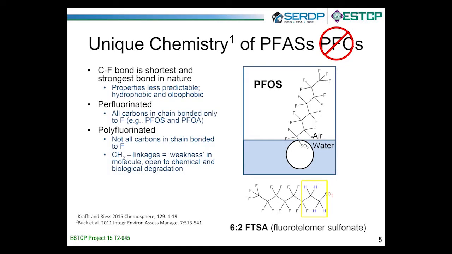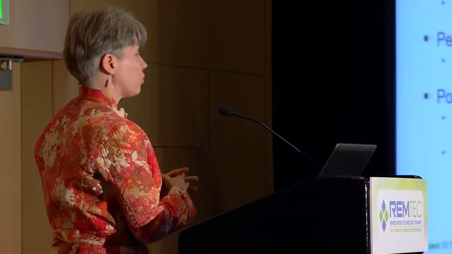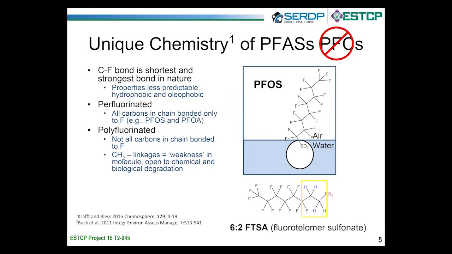What you're seeing is a polyfluorinated molecule. It's not strictly perfluorinated. Now, is this just semantics? No, it's not. It turns out that those 2 carbons that have hydrogens on them represent a weakness in that molecule. And it turns out the fluorotelomer sulfonate is biodegradable, and you can also oxidize it. And that's very much in contrast to PFOS, which cannot be easily oxidized and is not biodegradable. So that small distinction in the chemistry actually has implications when it comes to the environment.